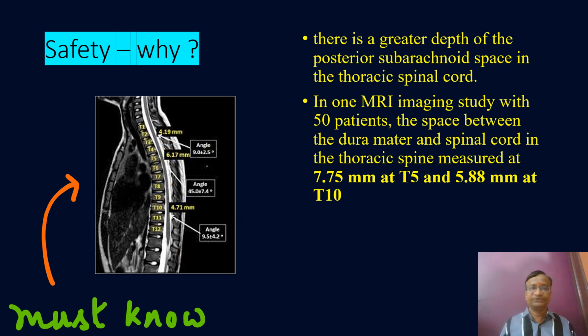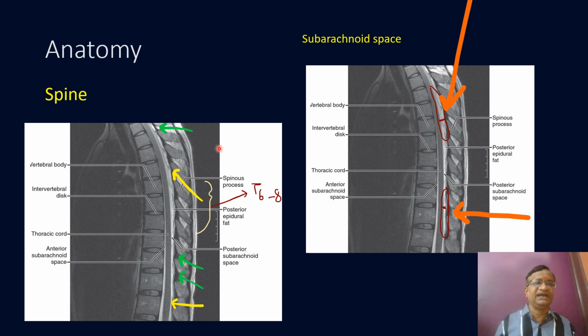So here you see the anatomy. We will go to this picture. Now you see the spine. At T3, T4 there is more angulation. Sometimes it is difficult to do, but here at T1, T2 it is easier, and below T7 it is easier. But it can be put in T4, T5 also, though it is difficult.